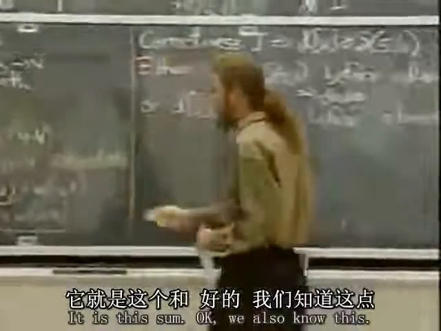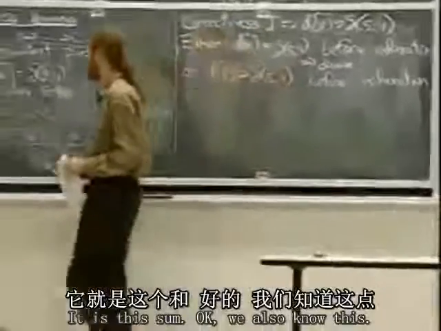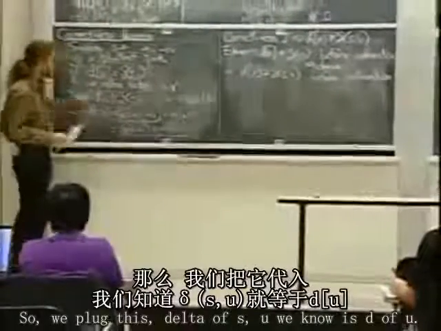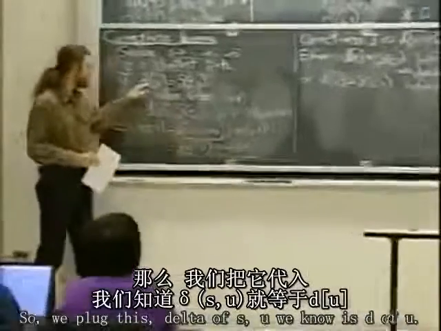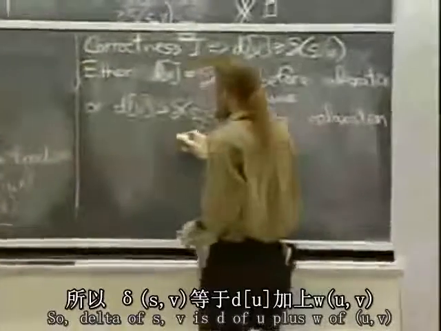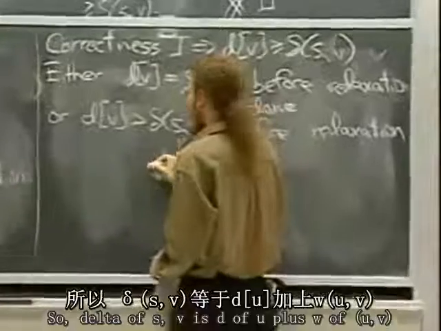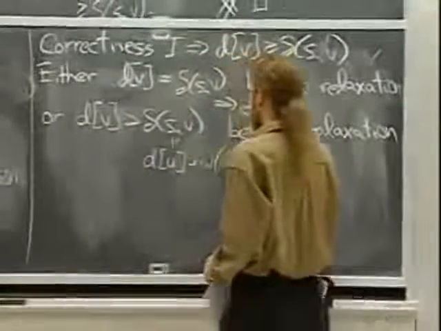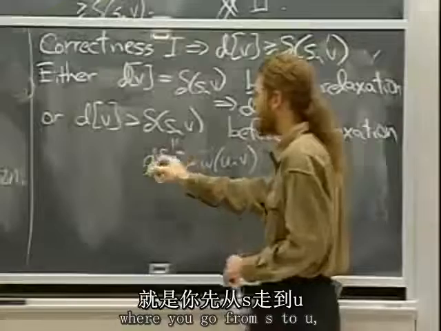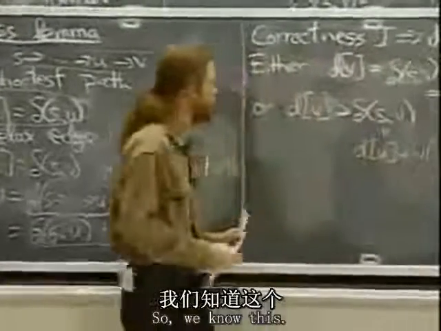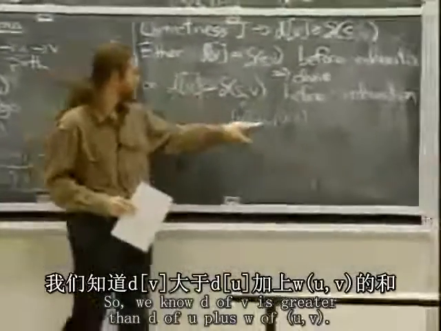So we plug these in: delta of s comma u we know is d of u, and we have this w of u comma v. So delta of s v is d of u plus w of uv, because we're assuming we have this shortest path structure where you go from s to u, and then you follow the edge uv. So we know d of v is greater than d of u plus w of uv.